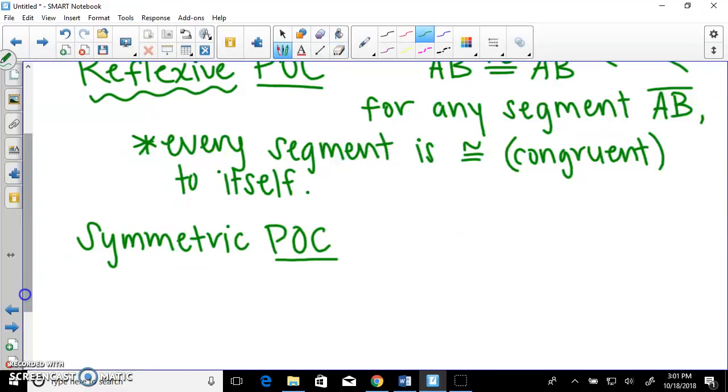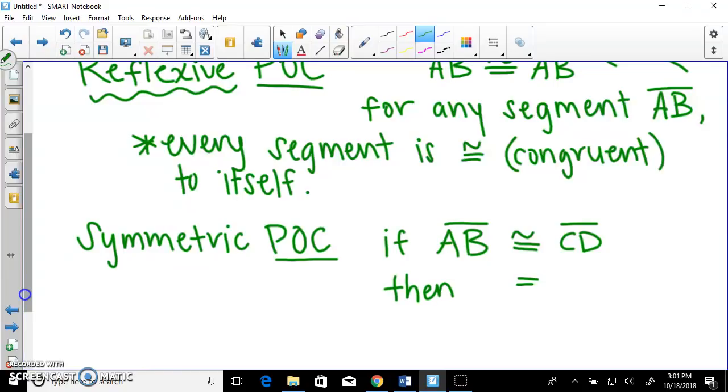What it says is, if segment AB is congruent to segment CD, then we keep that congruent symbol and we just switch them around. AB was on the left, now it's going to go on the right. CD's on the right, now it's going to go on the left.